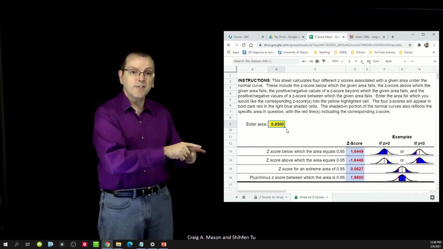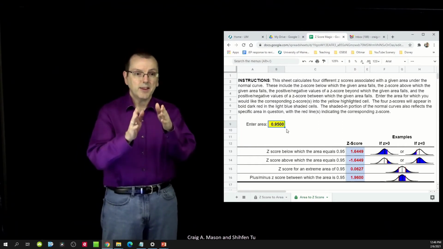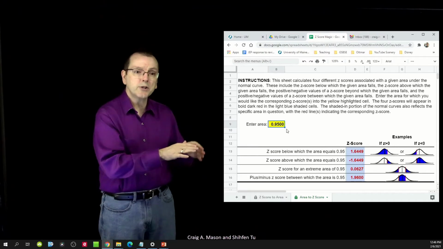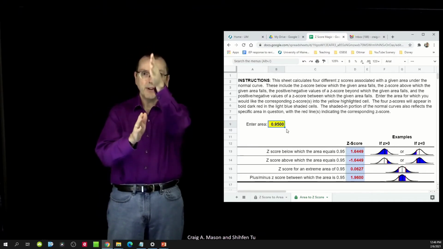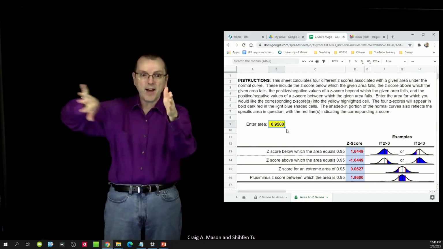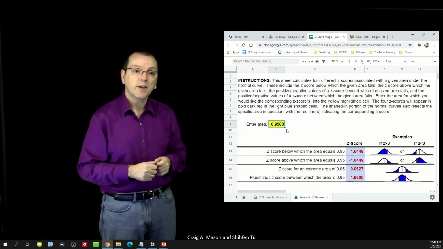And you can see the little pictures show us what we're talking about, right? The z-score that gives us the area below which the area is 0.95, from whatever our z-score is all the way down to negative infinity, is 1.6449.